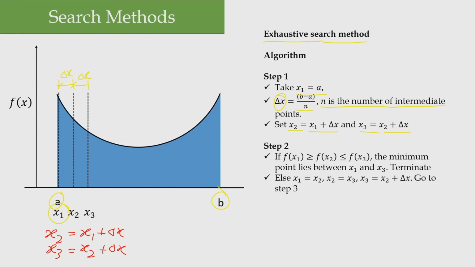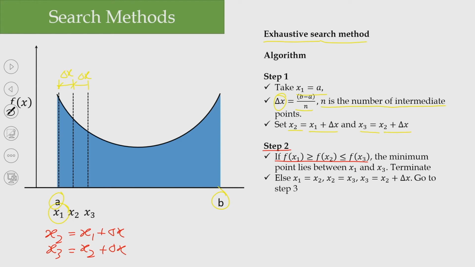Then in step 2, we check this condition: whether f of x1 is greater than or equal to f of x2, and f of x3 is greater than or equal to f of x2.